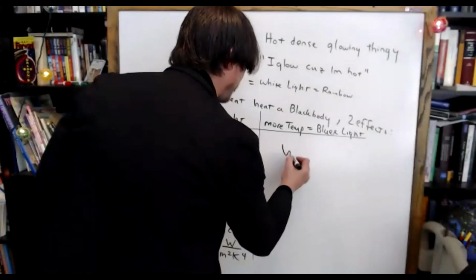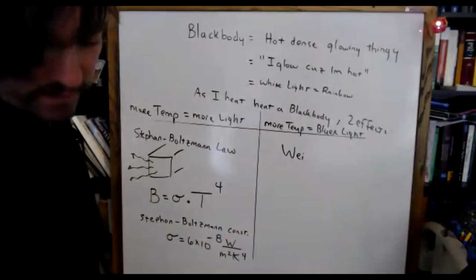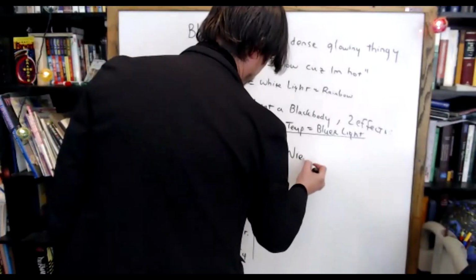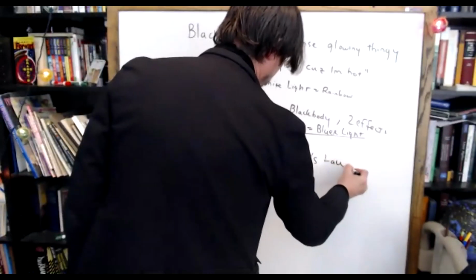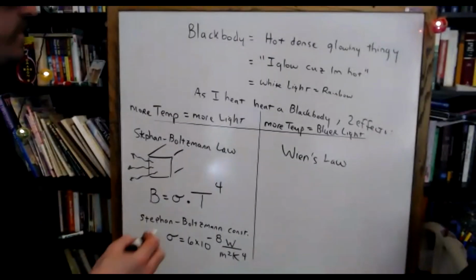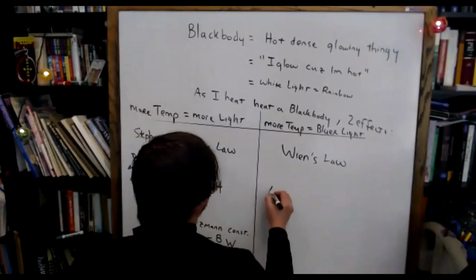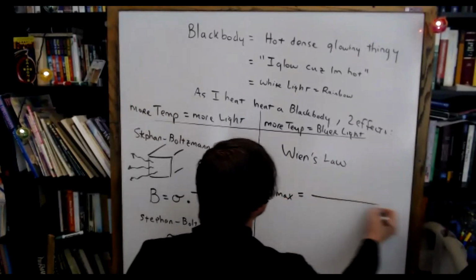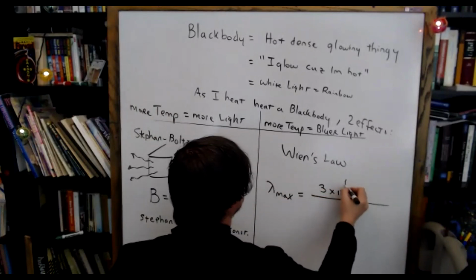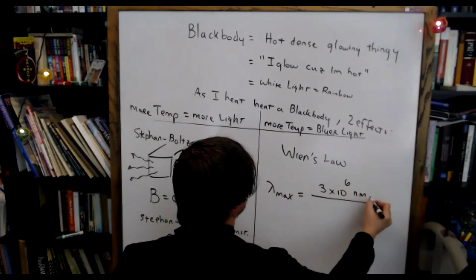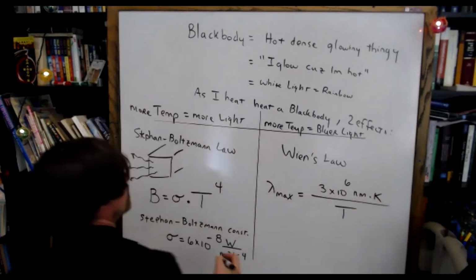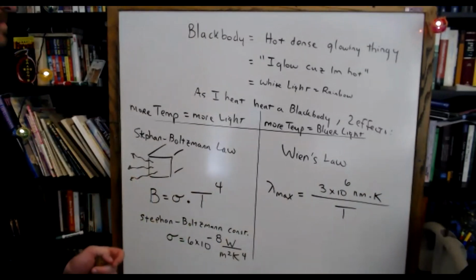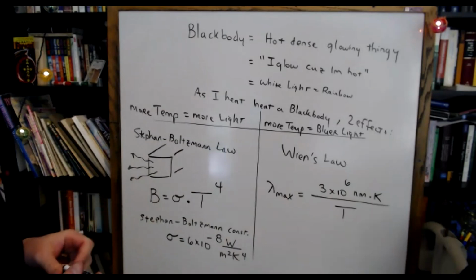And this is expressed by a formula called Wien's law, I before E. Wien's law tells me that the peak wavelength of emission, lambda max, is 3 million nanometer kelvins divided by the temperature. That's kind of a lot, so let's get all that down.